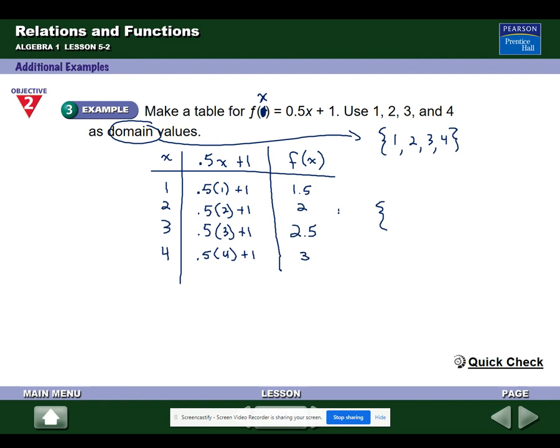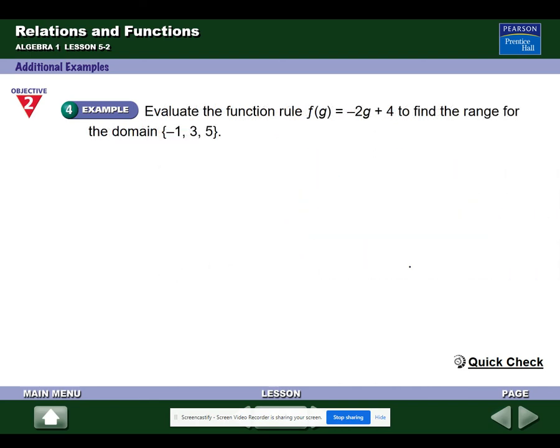This is the range: 1.5, 2, 2.5, 3. Okay, that's all. F of x is equal to 0.5x plus 1, and they give us particular inputs for the domain. We have some matching outputs that make up the range. That's exactly what they have there.